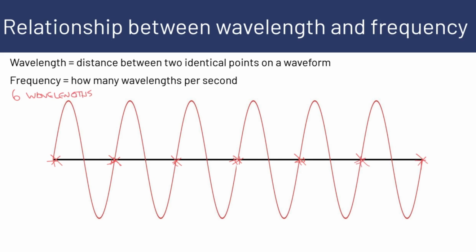So 6 wavelengths pass by in the same amount of time that in the 2 previous images we had 3 wavelengths and then 1.5 wavelengths. So the frequency here is much higher, because all 6 of these wavelengths pass by in the same amount of time that in the previous images 3 wavelengths and 1.5 wavelengths passed by. And the wavelengths themselves are shorter.